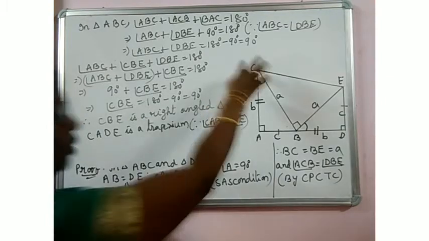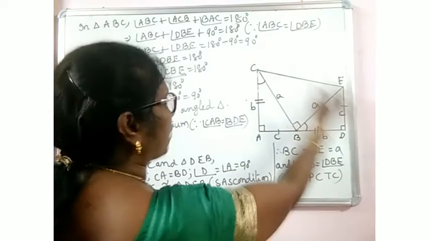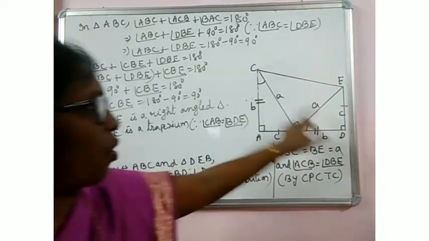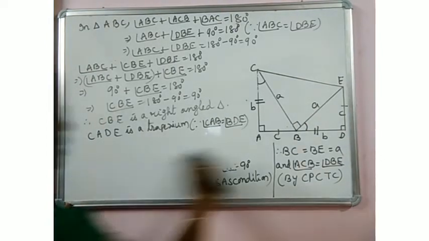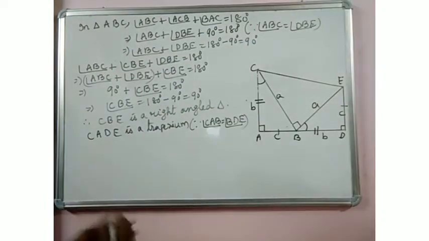And this particular trapezium is having three triangles. So area of the trapezium is equal to sum of the areas of these three triangles. Okay. So let us find the area of trapezium.